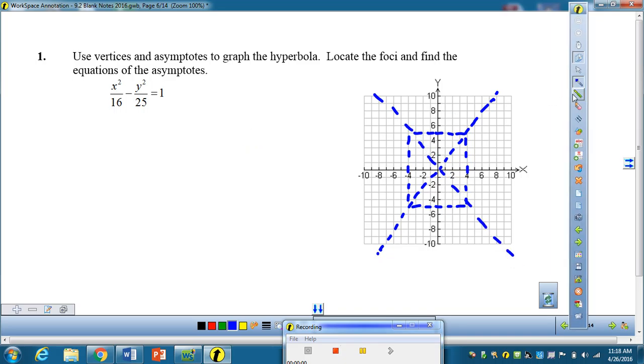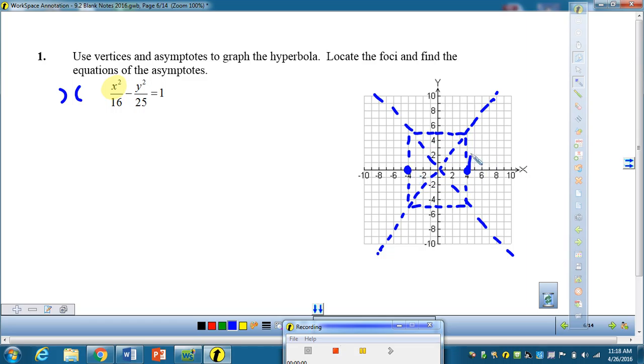Okay, next we're going to see which variable comes first. The x squared comes first, and like I told you before, the way I remember it is that the hyperbola is going to be this shape, because if we put them closer together, it reminds me of an x. The vertices are going to be at the edge of the box on the x-axis, so the vertices are at 4 and negative 4.